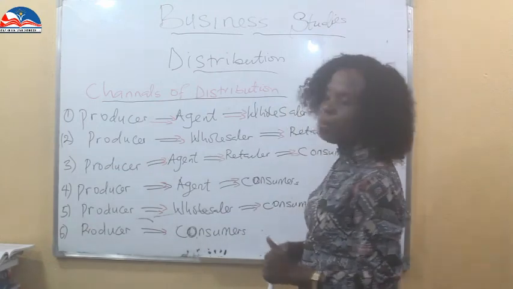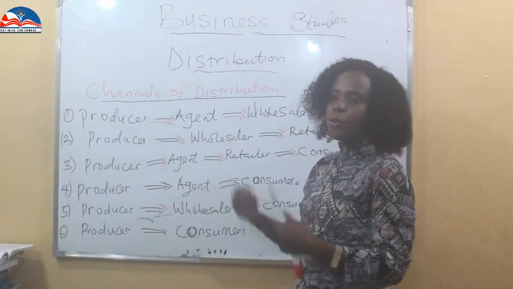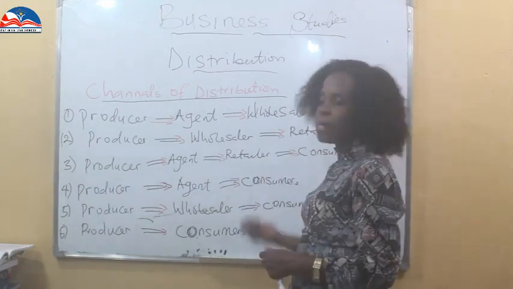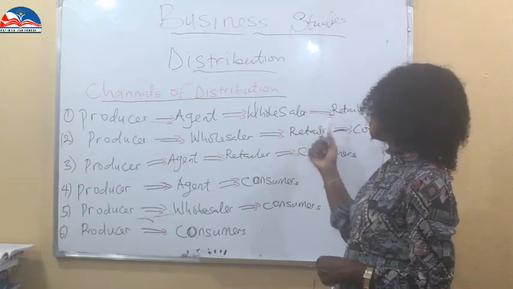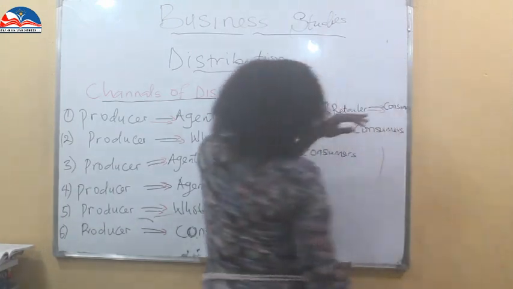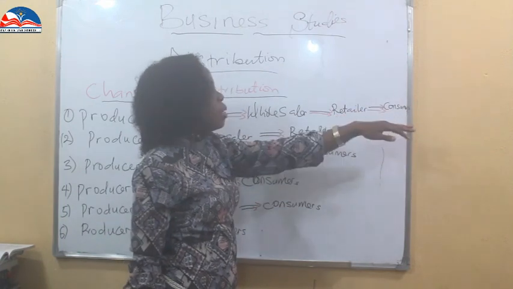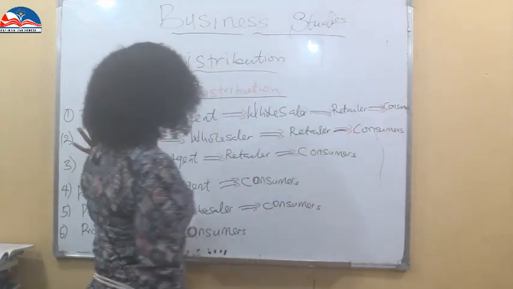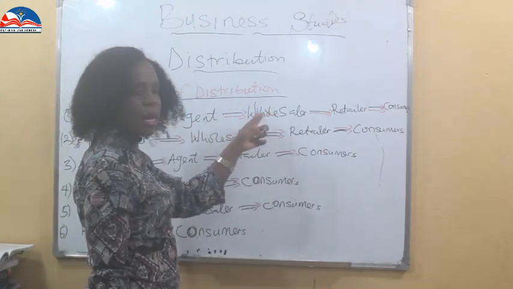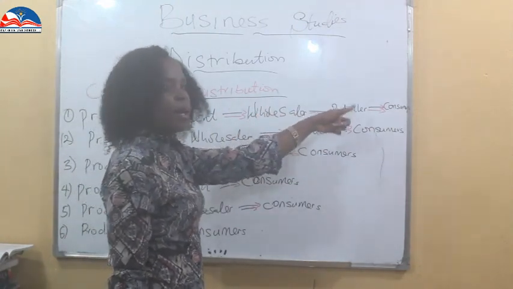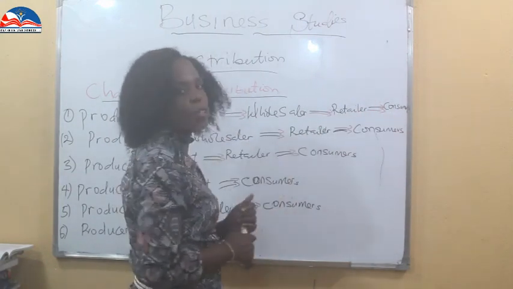The first channel moves from producers to agents, from agents to wholesalers, from wholesalers to retailers, and from retailers to consumers, or final consumers. That is the first channel.